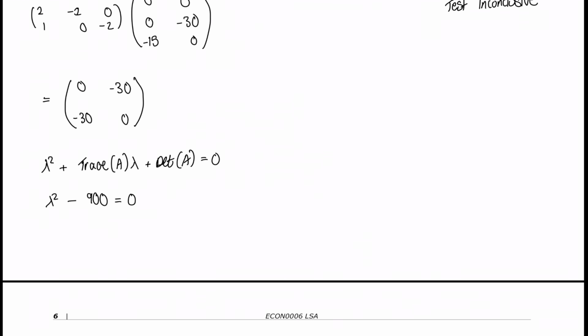And so we get lambda equals plus or minus 30. So one eigenvalue is equal to 30, and the second eigenvalue is minus 30. When we have one eigenvalue that is positive and another which is negative, we have a saddle point.